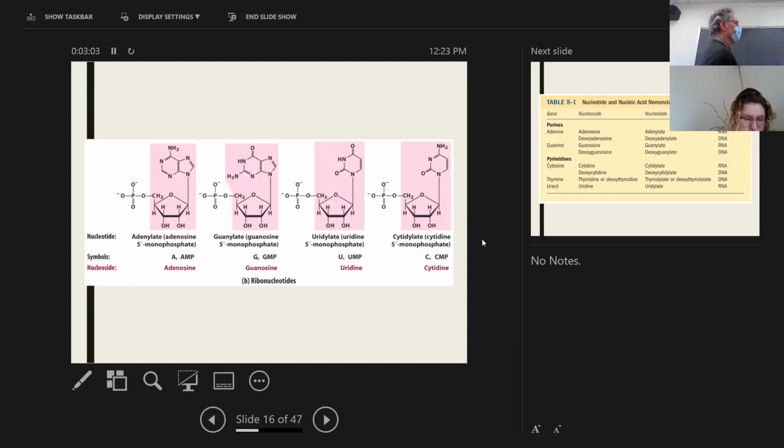So we look up here, this one here, that's adenine, ribose, so it has a phosphate, so it's adenylate. Then this one here, that's guanine, so it has a phosphate. Without the phosphate, it's guanosine.